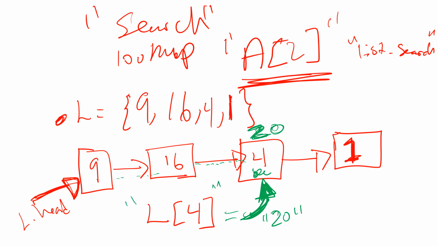The lookup is that the best case is going to be the first element. Let's take a side note. What if I asked for list of 7, element 7? It's going to return null basically, right?